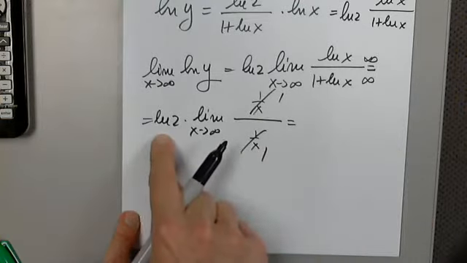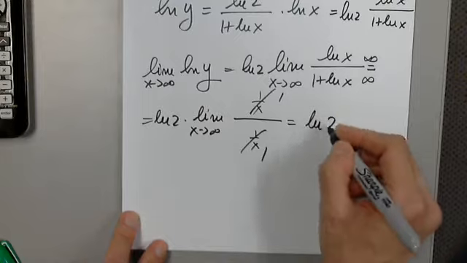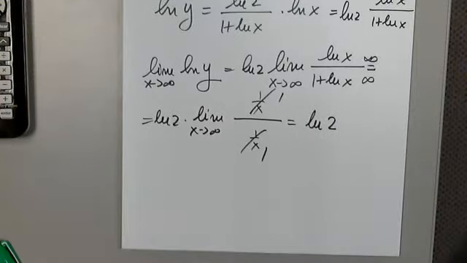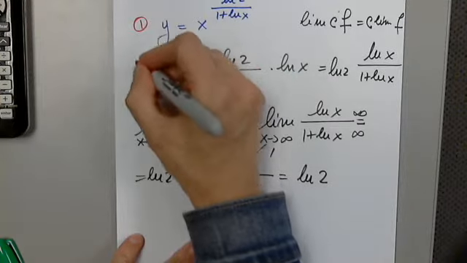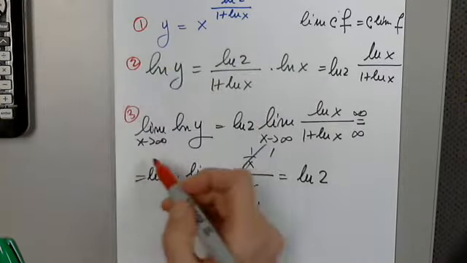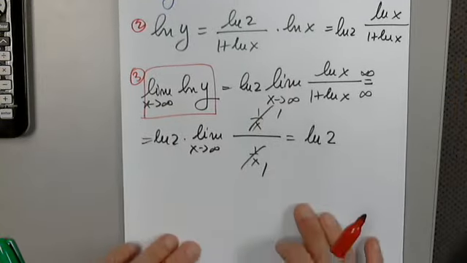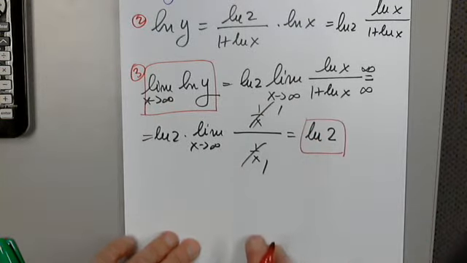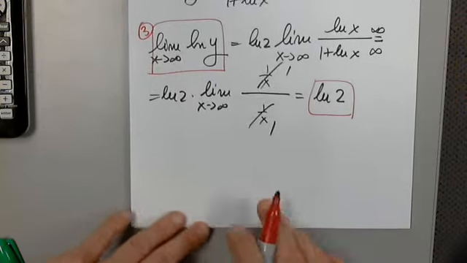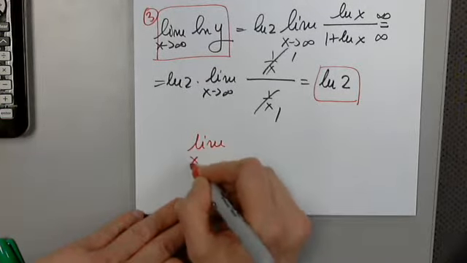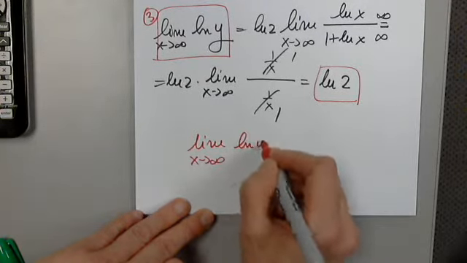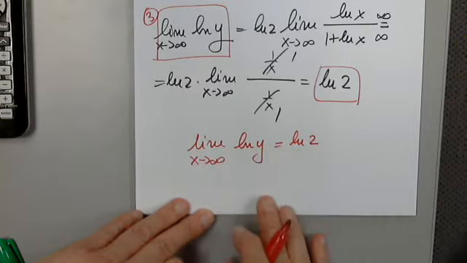The limit is 1 times natural log 2. So then I copy the beginning. What beginning? Right here in step 3. So this is step 1, this is step 2, this is step 3. I copy the beginning of step 3 and the end of step 3. Limit as x approaches infinity of natural log y equals natural log 2.